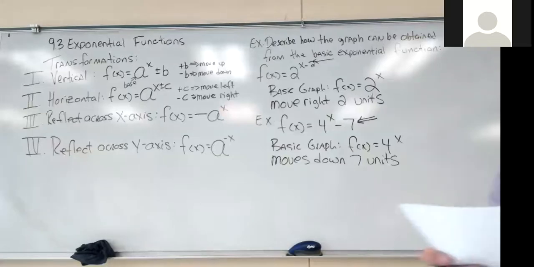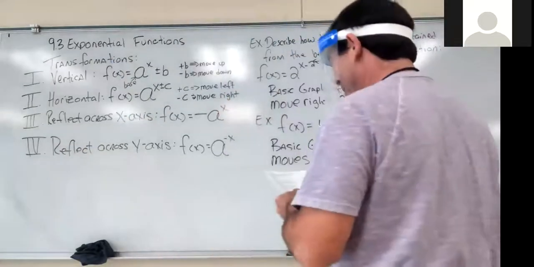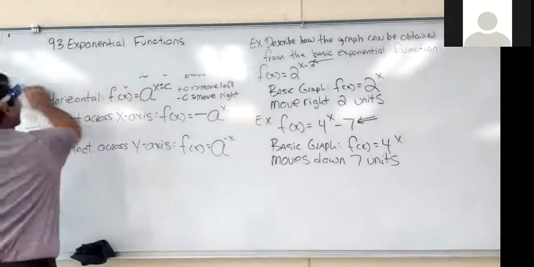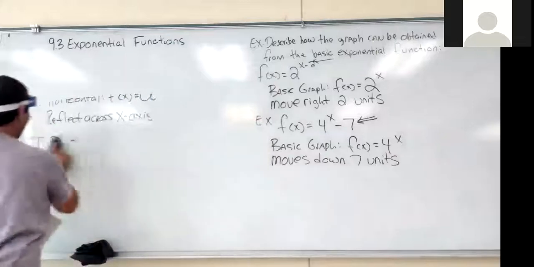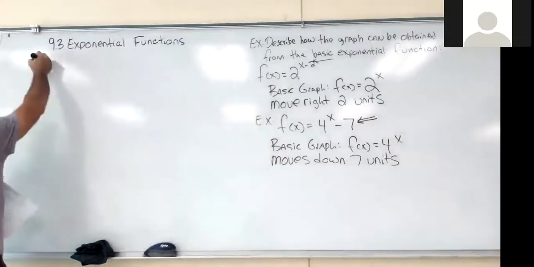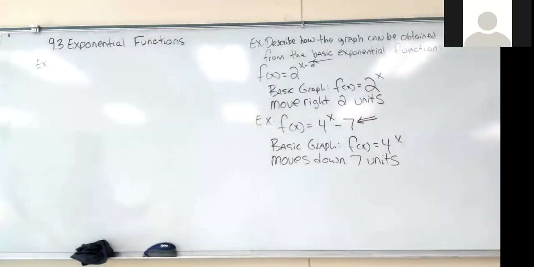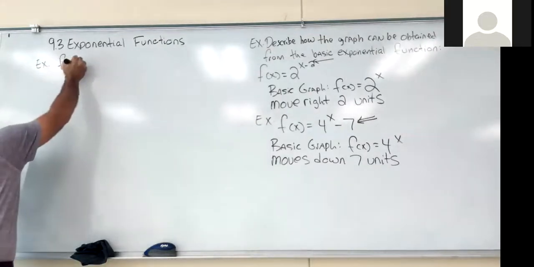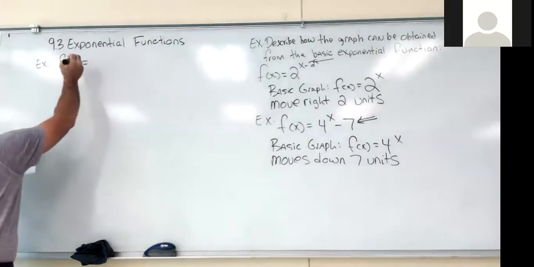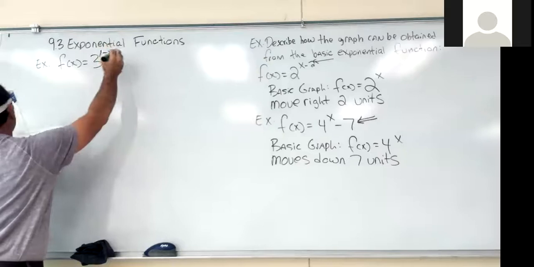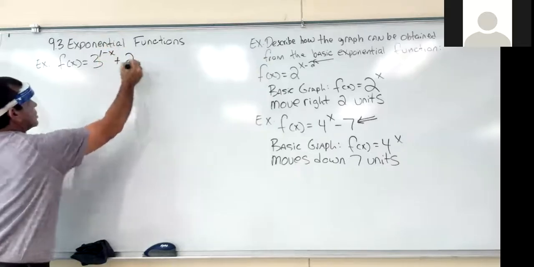So let me do some tricky ones. I'm just gonna do some of these so you'll see what you gotta do when you hit them in that math lab. This one has f of x equals 3 to the 1 minus x plus 2.